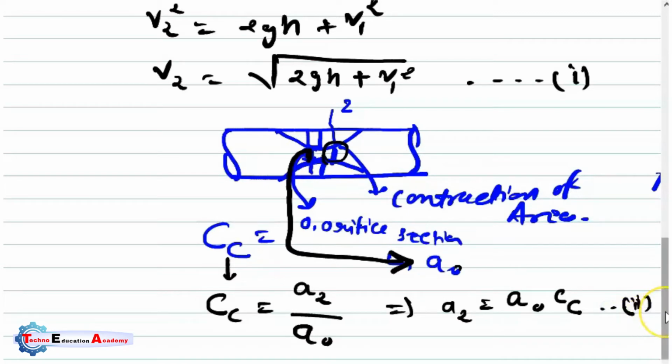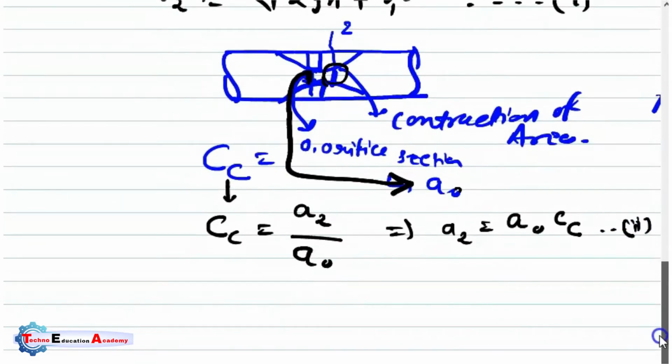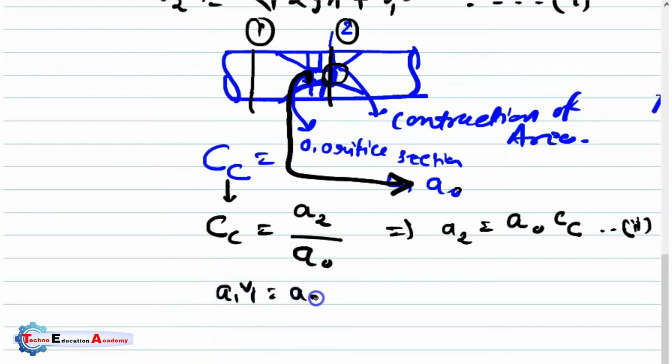Now further simplify the equation. Apply the continuity equation at section 1 and section 2: A1 V1 is equal to A2 V2. So V1 is equal to A2 V2 by A1.